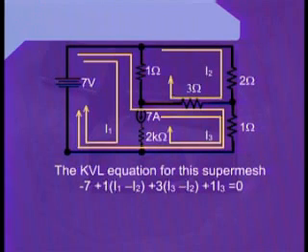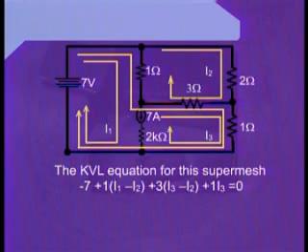Hence, once again, we have to take the difference of the two currents. Because mesh 3 is part of the super mesh and we are concentrating upon that, we write the current related to mesh 3 first, and then subtract the current for the neighboring mesh. Hence, we write 3 into I3 minus I2.